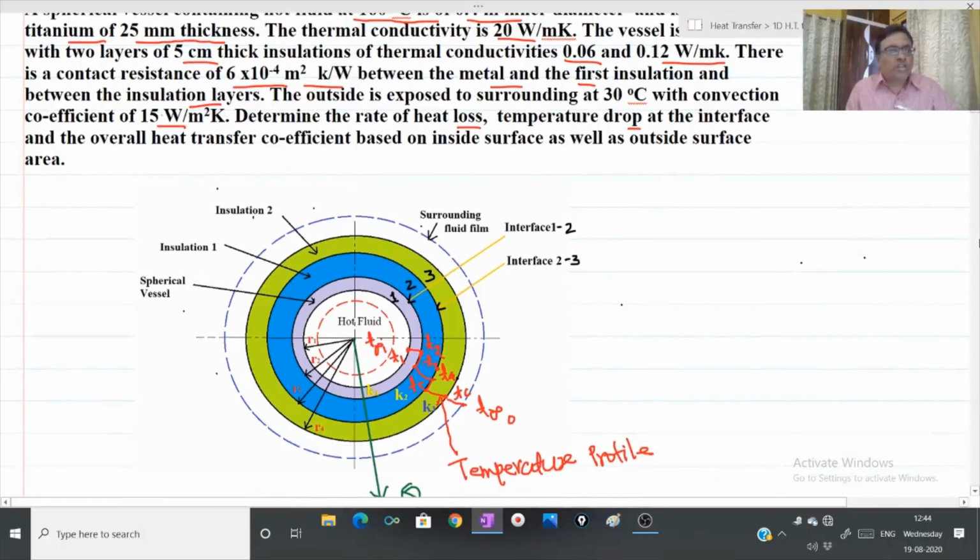In order to solve this problem, let us first draw the schematic of the given thermal system.